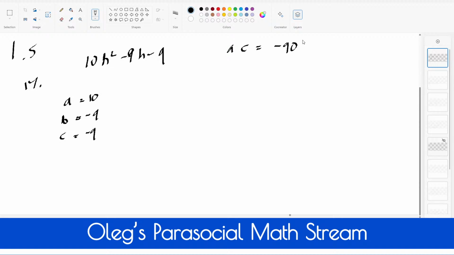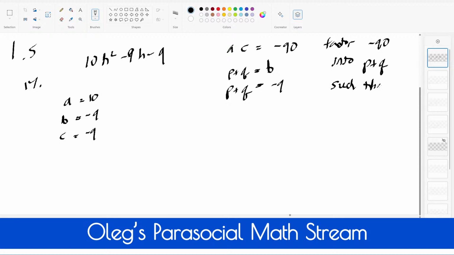And now we want to find P and Q such that P plus Q is equal to B, and we're going to factor negative 90 into P and Q.